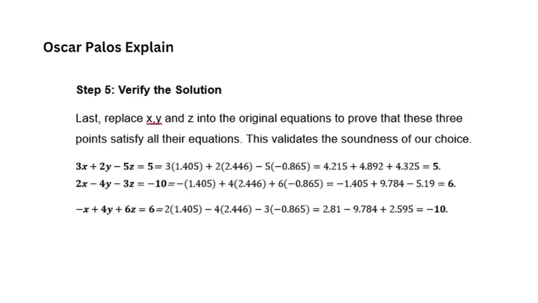In the third equation, minus x plus 4y plus 6z equals 6, substituting the values, we get 2.81 minus 9.784 plus 2.595, that equals minus 10. That is confirmed. That is correct.